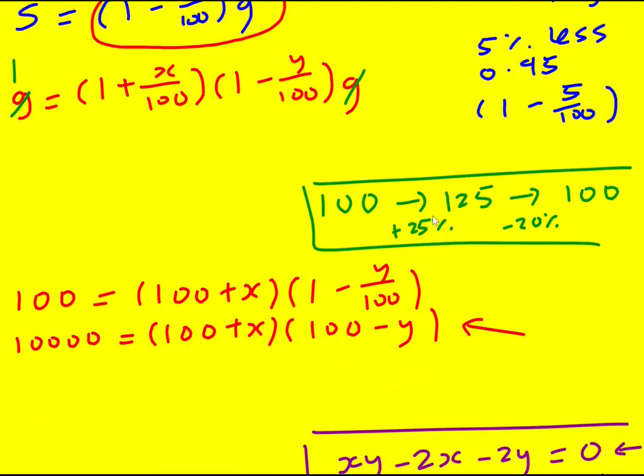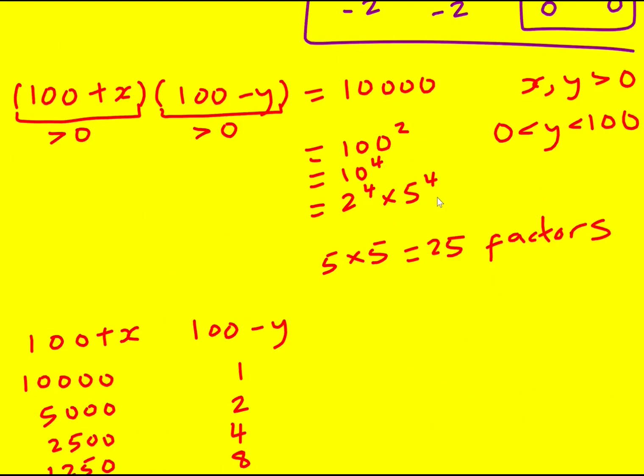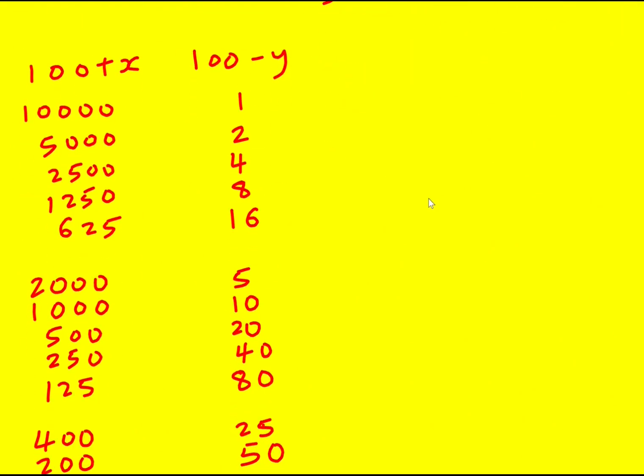I'm going to talk a little bit more. So I'm going to actually write down the different values of x and y now based on these. So in the case of x, I just need to minus 100 each time, which I will now do.